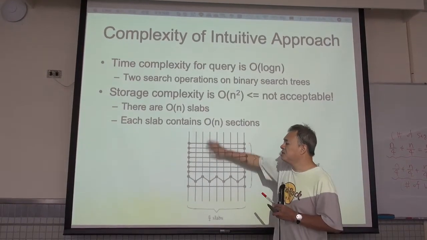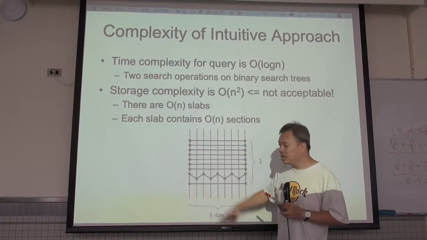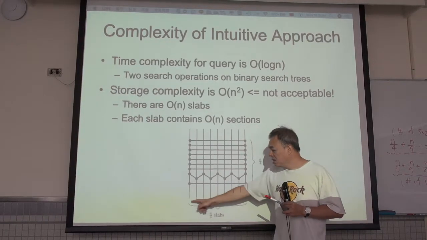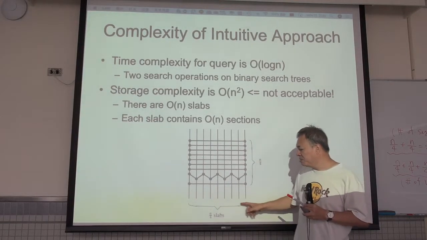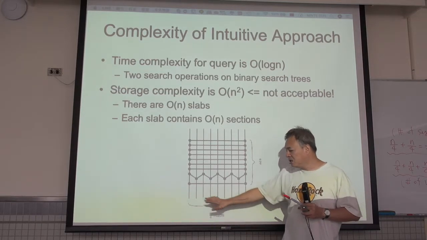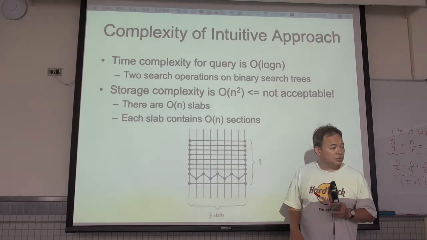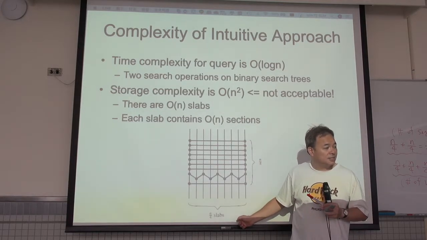But if you use the idea that we just talked about, think about this. For the binary search tree that takes care of the slab relationship, what is the size of that?